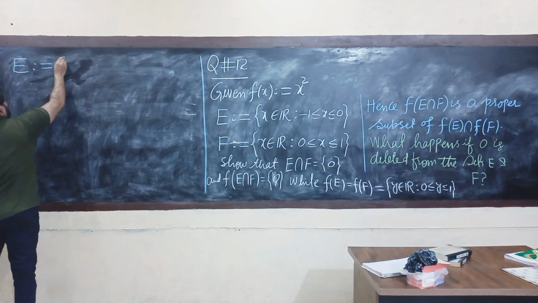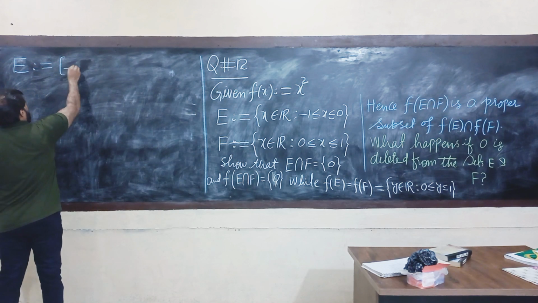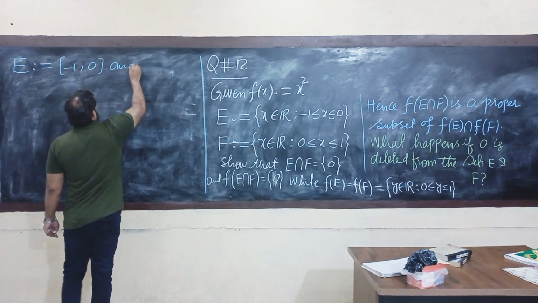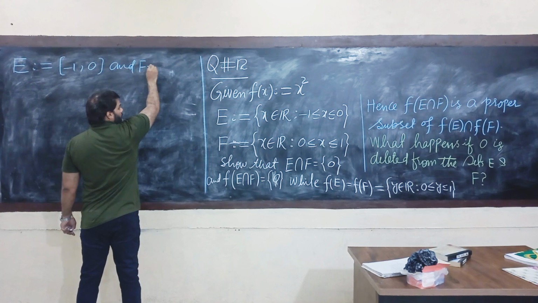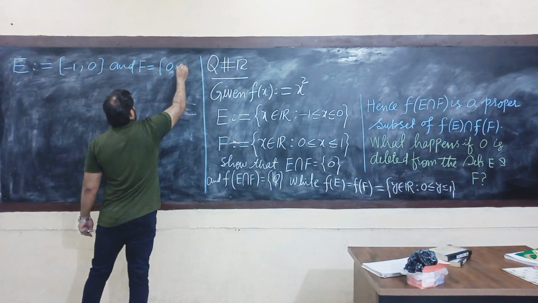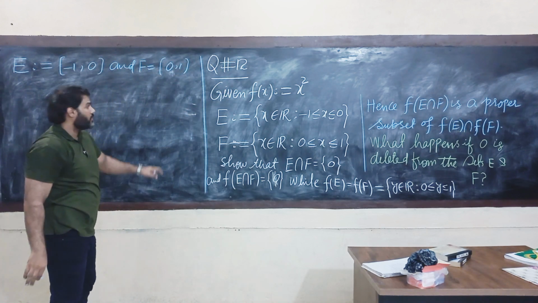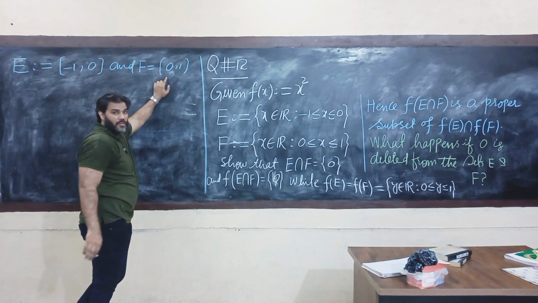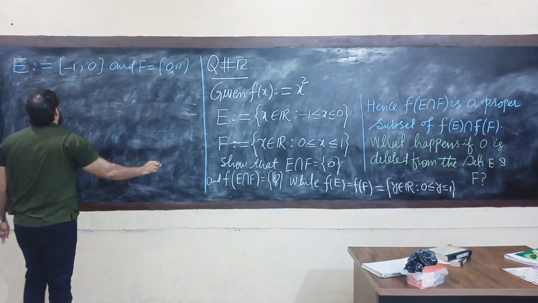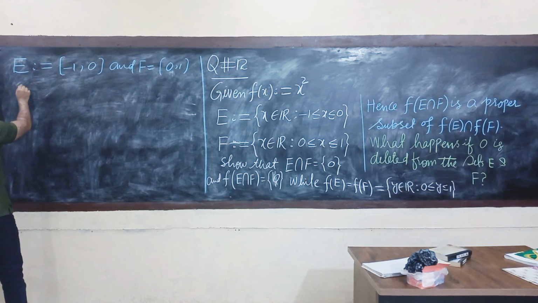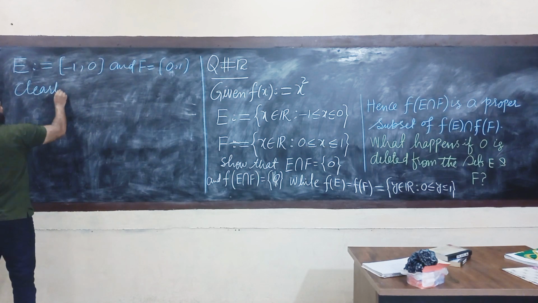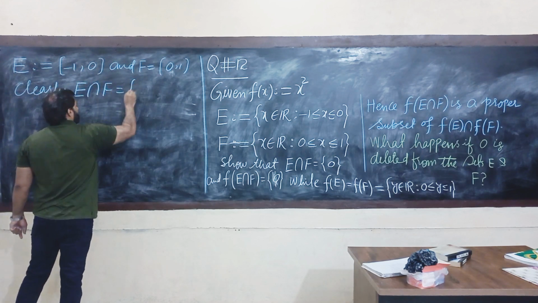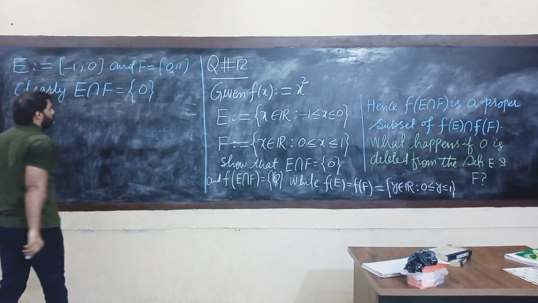Our set E is the closed interval -1 to 0, and the set F is also a closed interval from 0 to 1. There is a single number that is common in both sets, that is 0. This ends at 0 and this starts from 0. So there is a single number that is common in both. Clearly, E intersection F is a singleton set 0.